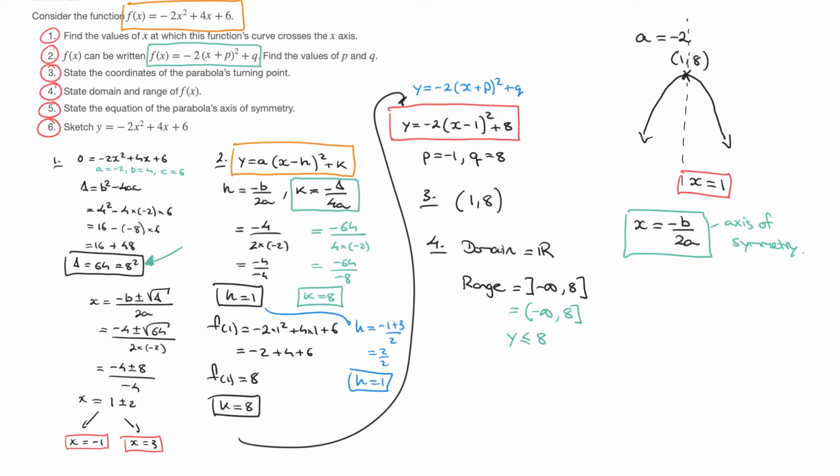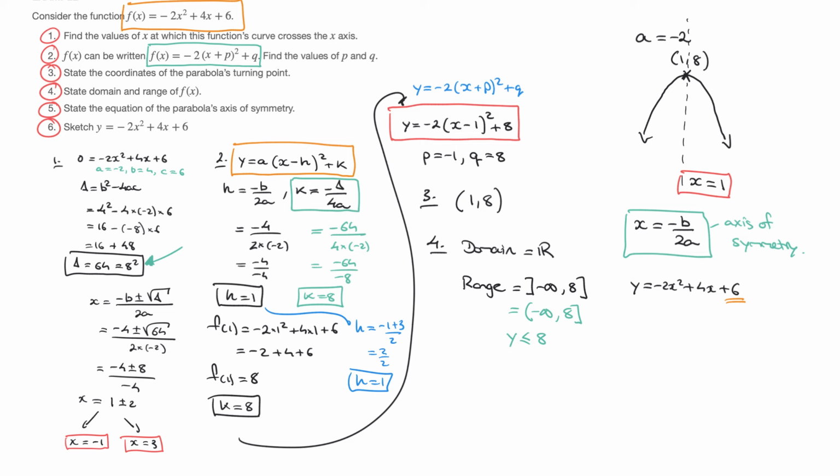We have two x-intercepts. We have a vertex. What's the y-intercept for this parabola? Where would it cross the y-axis? 6, absolutely. If I copy that, remember, the parabola's equation is y equals negative 2x squared plus 4x plus 6. The number we have at the end here is the value of y at which it crosses the y-axis.